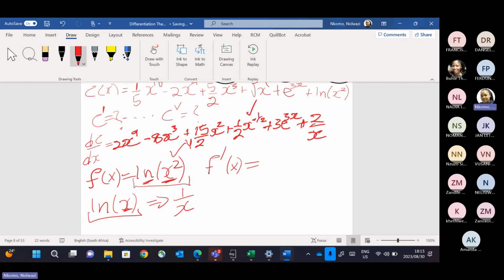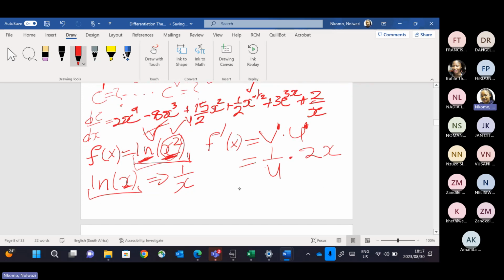According to the chain rule, the derivative of this function would be the derivative of v times the derivative of u, right? v is ln u, and the derivative of ln u is 1 over u, times the derivative of u. u is x squared, and the derivative of x squared is 2x, right?